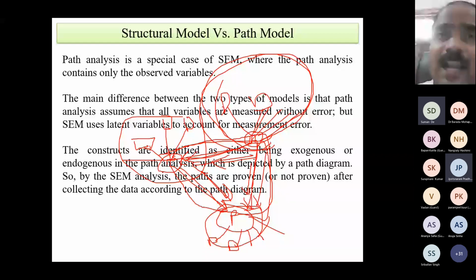I cannot connect, or you cannot connect, or any researcher cannot connect as he or she wishes. In structural equation modeling, from day one, I said it is confirmatory in sense. That means you have something from the literature, from the existing model, theory or concept, and based upon it you are connecting.